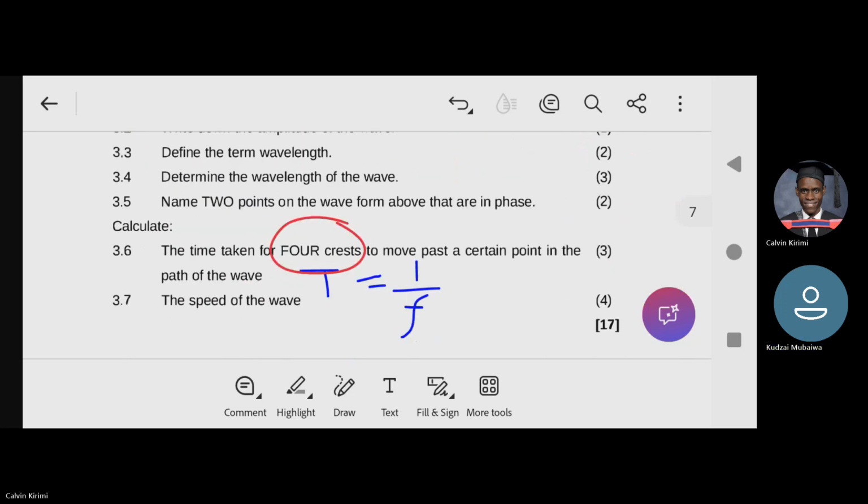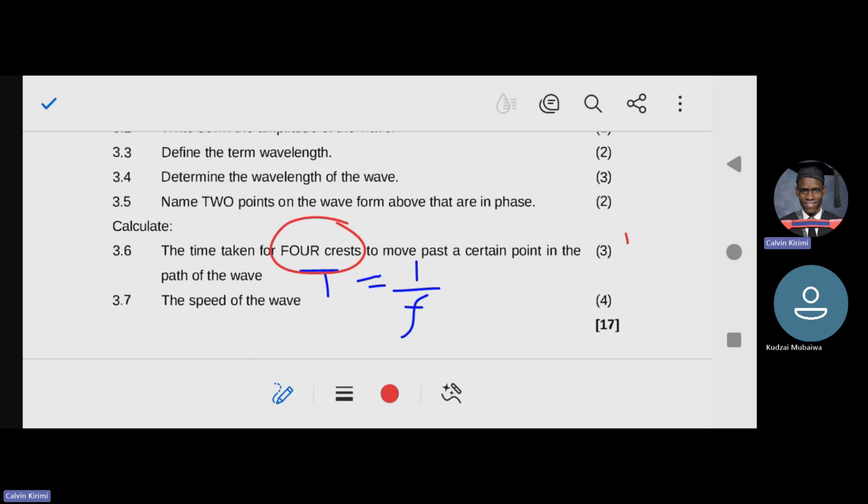Yes, sir. This is how you reason. You are checking your diagram. To complete 1 cycle, what does 1 cycle mean? It's to go up, come down, before I repeat going up. So the answer there for 4 crests is 1.5 seconds.